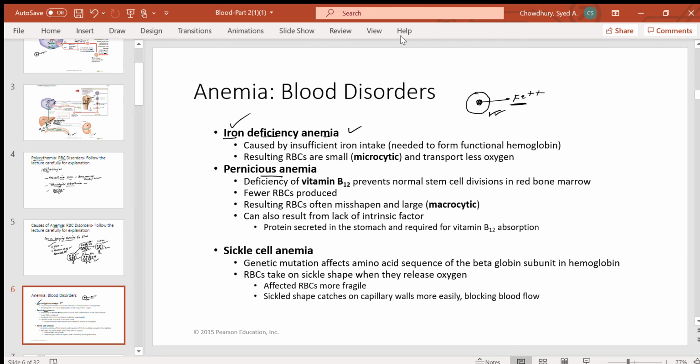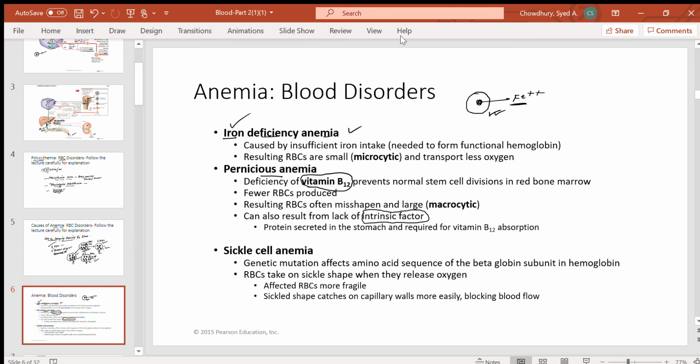Pernicious anemia is another type of anemia that happens due to deficiency of two things: vitamin B12 and the intrinsic factor. Okay, these two things help to absorb the iron in the intestine.